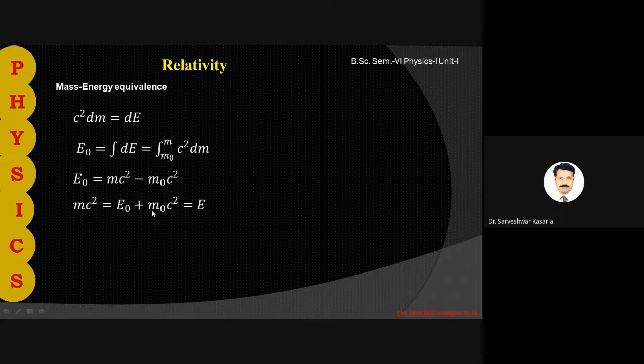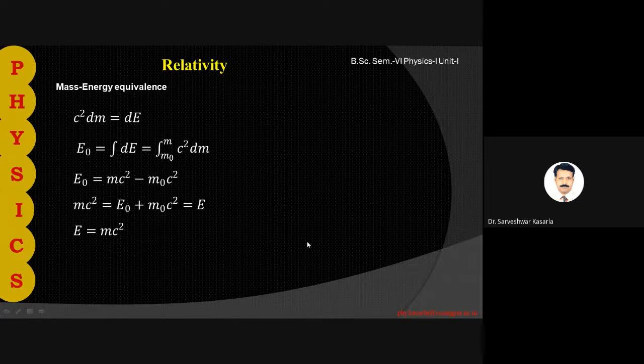So this was the initial energy, and this is the increase in energy, and this will be the total energy. So the total energy will be equal to mc square. If the particle is not moving, then its energy will be m0 c square. So E is equal to mc square is the expression for the total energy of the particle.